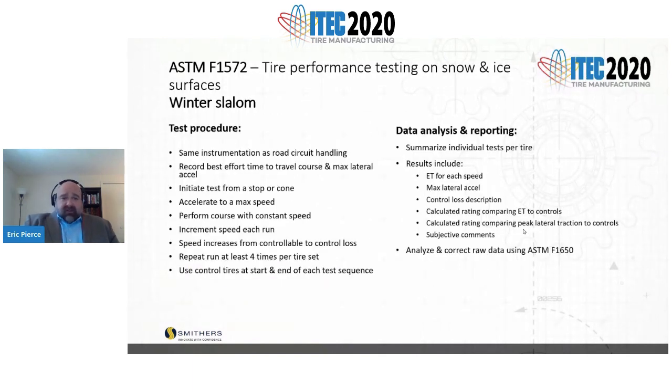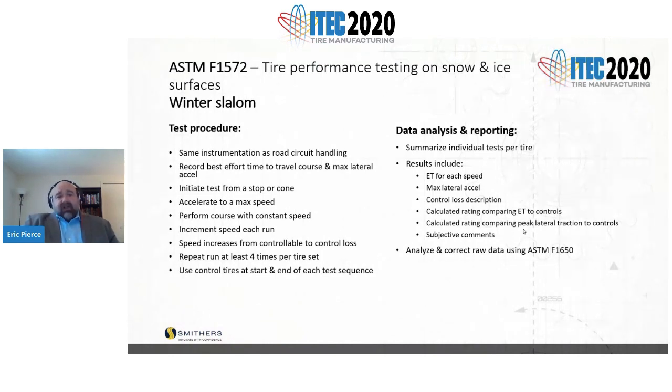Test procedure here is the same instrumentation as road circuit handling. You want to record the best effort time to travel a course and the maximum lateral acceleration. This also is started from a dead stop at a cone. You're going to accelerate to a maximum speed, perform the course with a constant speed. The goal is to maintain the same speed throughout so you can compare lateral acceleration.